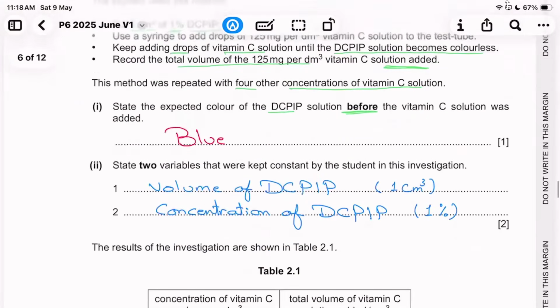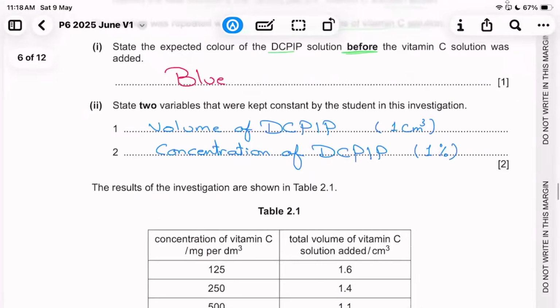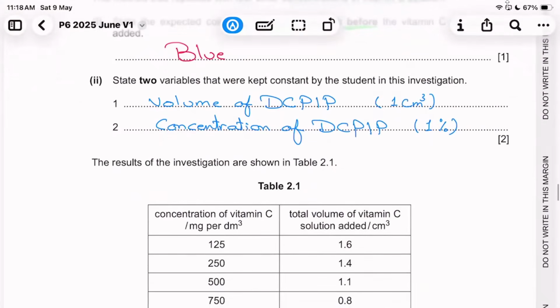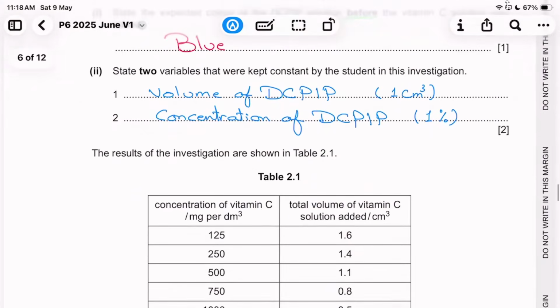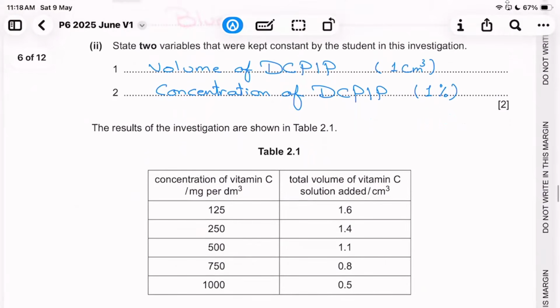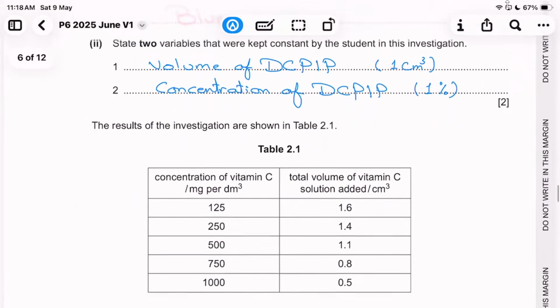The result of the investigation is shown in the table: the concentration of vitamin C in milligram per decimeter cube, and the total volume of vitamin C solution added in cubic centimeter.